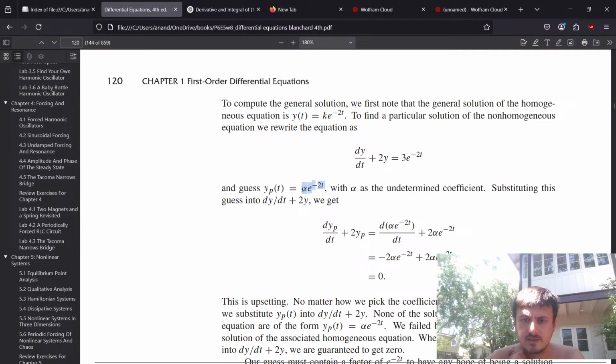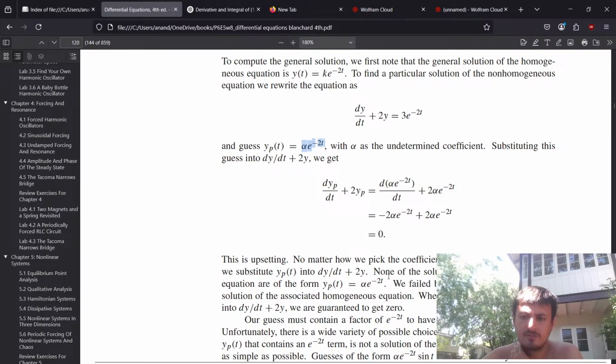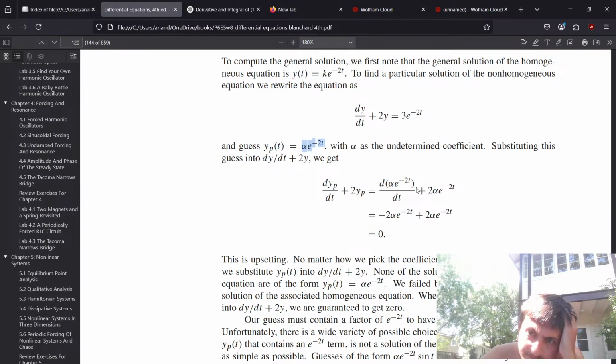Then they guessed this, which is a pretty good guess. But you still end up with -2a e to the minus 2t plus 2a e to the minus 2t. You get 0. No matter how we pick alpha, it's still going to get 0.